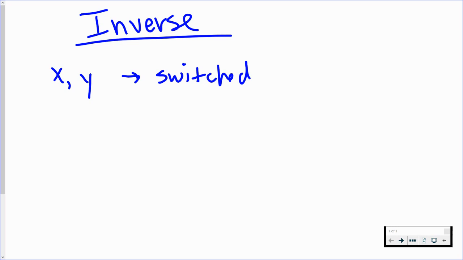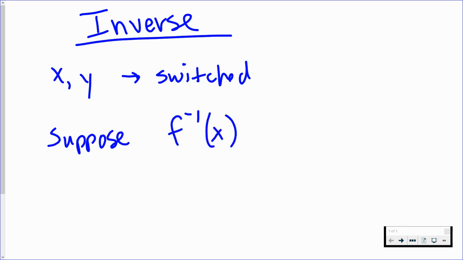So let's just make sure to get this rule down. Suppose f negative 1 of x, this is the inverse function of x. We should have seen that before.